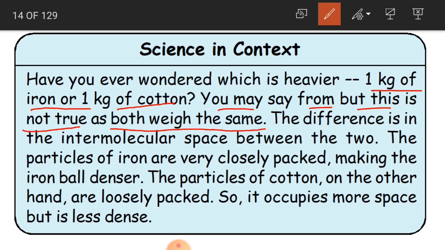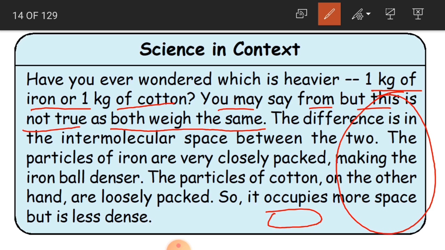Most of us may say that iron is going to be much heavier, but children, 1 kg of iron and 1 kg of cotton both have got the same weight. Same weight. So 1 kg of iron is maybe this much, but 1 kg of cotton is this much.